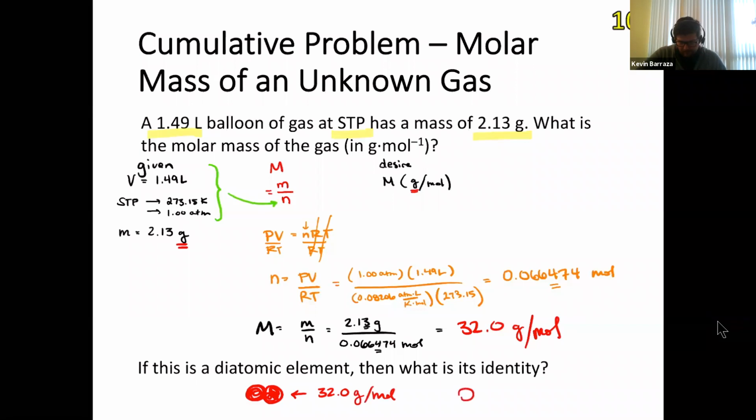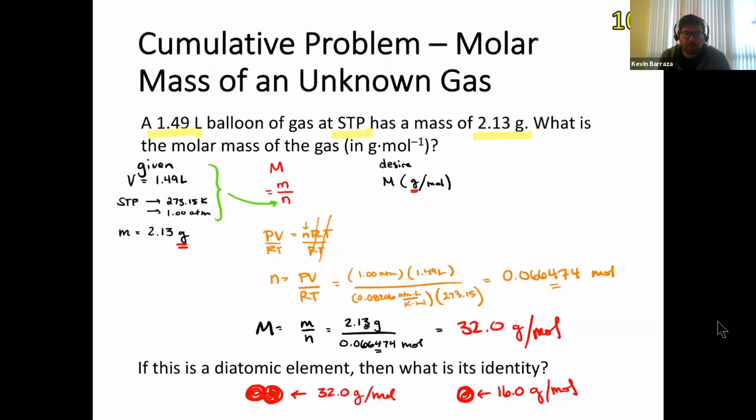So a single one is 16.0, right? Which atom has a molar mass of 16? That's going to be oxygen, actually.